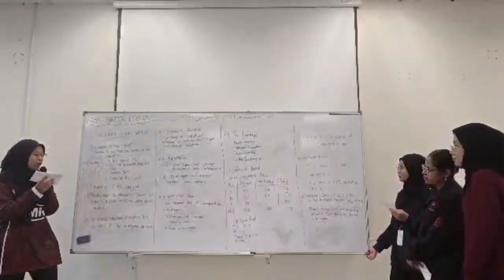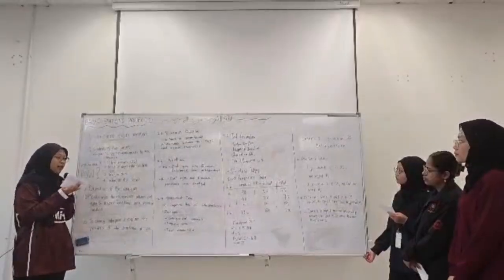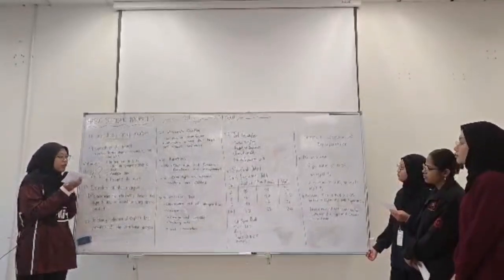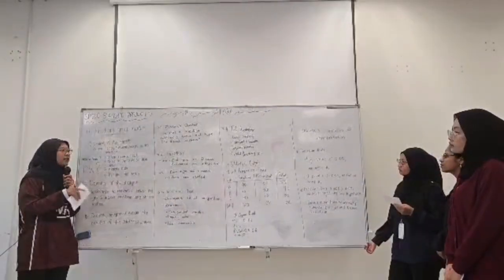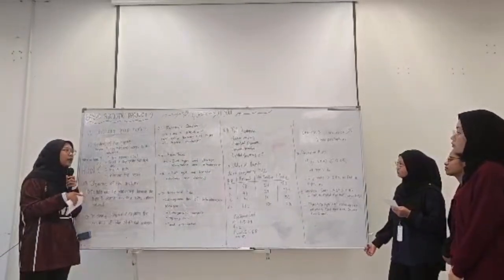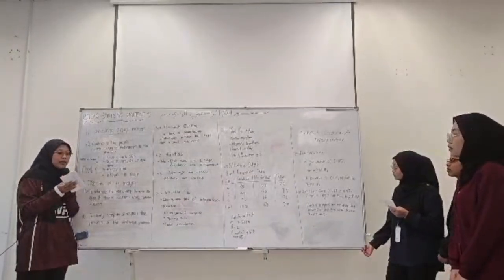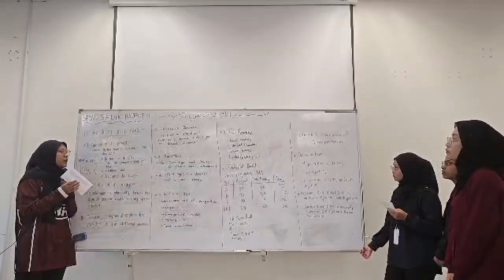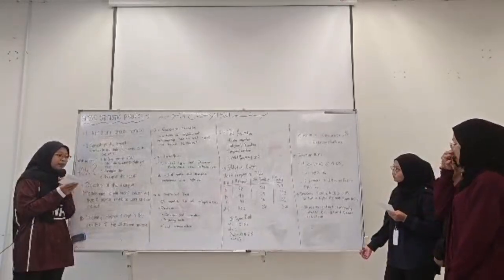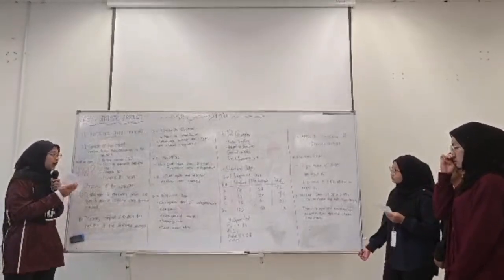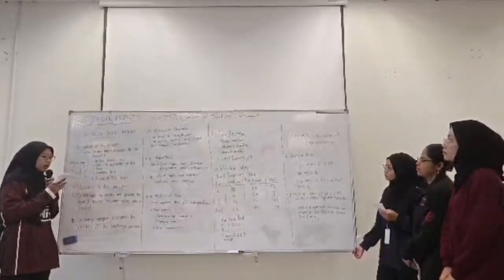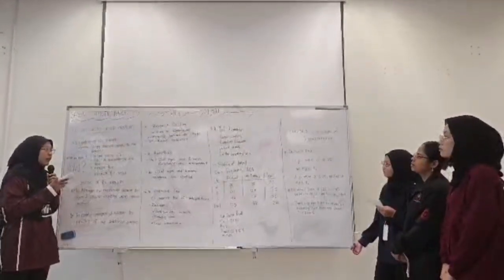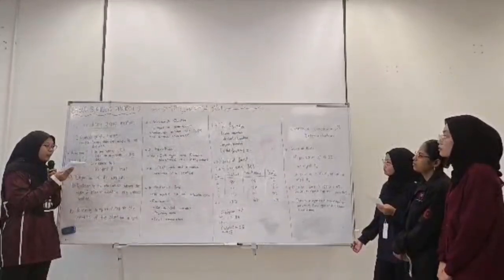For 2.1, research question: the research question for this analysis is, is there a significant relationship between diet type and disease resistance among patients in data set A? For 2.2, hypotheses: based on the research question, the hypotheses are formulated as follows.